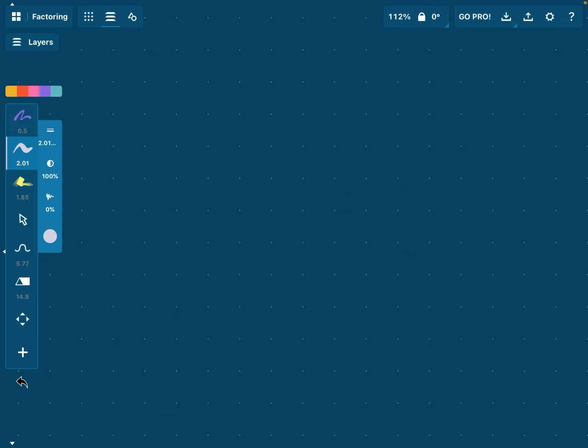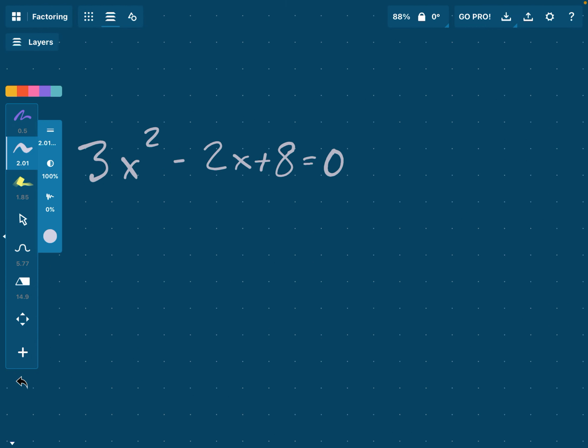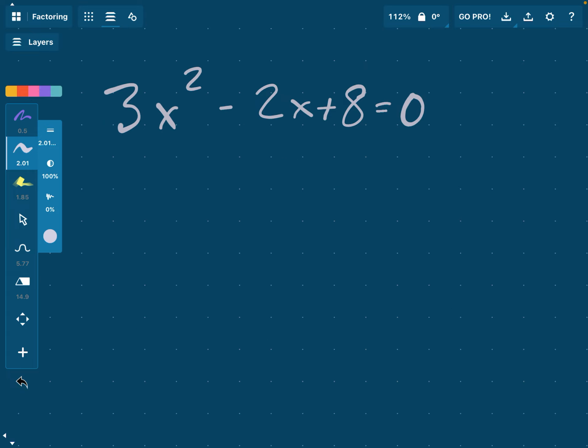So now let's go ahead and look at the next problem. So here we have 3x squared minus 2x plus 8 is equal to 0. I believe, yeah, okay. Just had to make sure that wasn't the same problem.